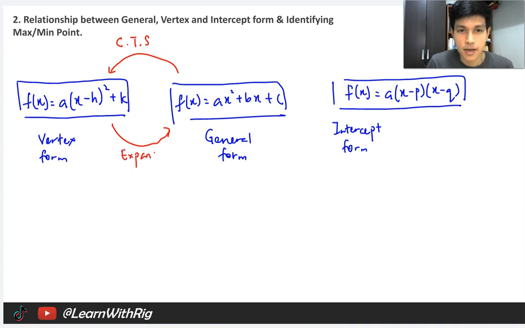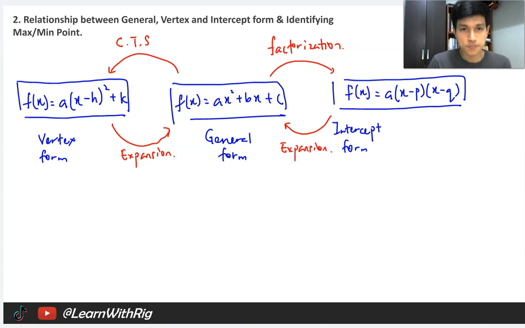We call it expansion. You're just going to expand the bracket and you will automatically get general form. Now, how do you convert general form to intercept form? It is very simple. We have also learned this before. It is called factorization. Now, if you don't understand, you cannot follow me, don't worry, okay? We have more examples coming. So, intercept form, you want to convert back to general form. Same thing, expansion.